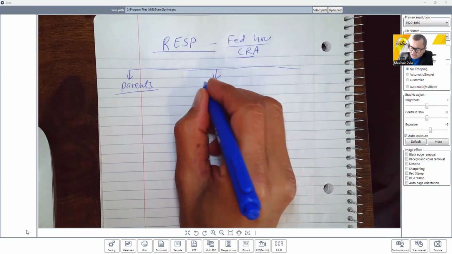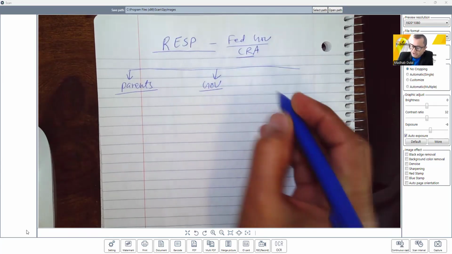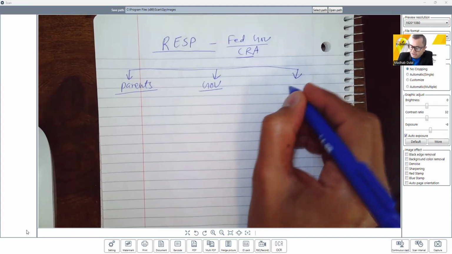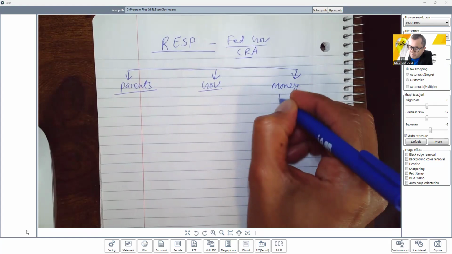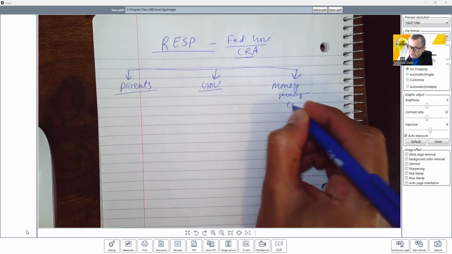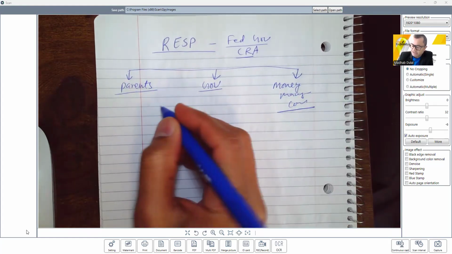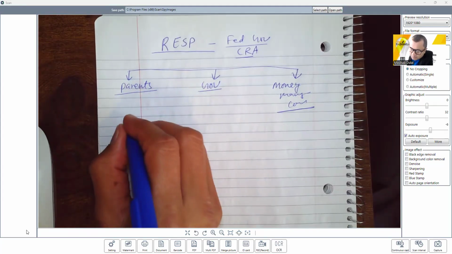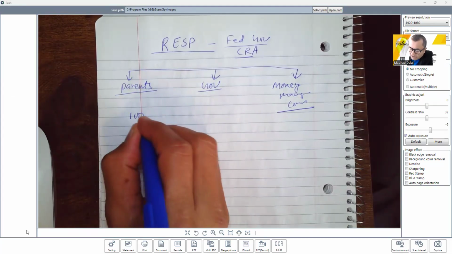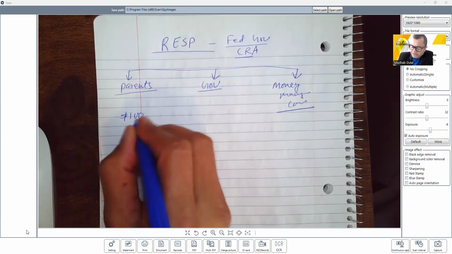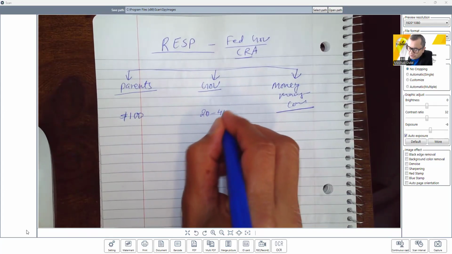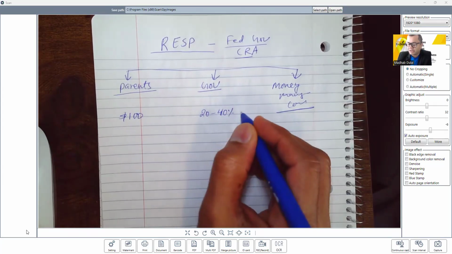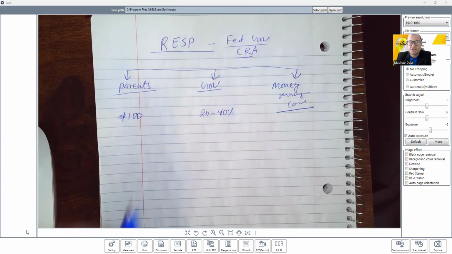Another is the government, which is putting in the money, or funding the RESP. And another one is a money managing company. Let me give an example. If parents put in $100 per month, just for example, the government gives a minimum of 20 to 40% depending upon your income and certain other conditions.